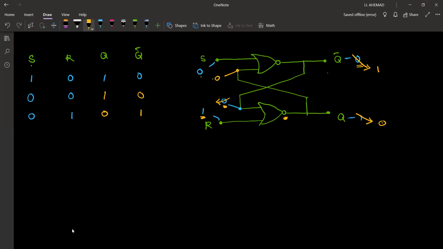Now I'm going to rewrite these values. After it's changed, now Q bar is 1, Q is 0. If this is 1, this is also 1. If this is 0, this is also 0.